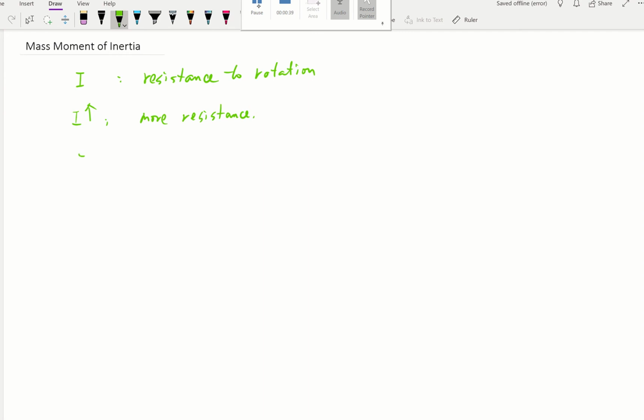And the definition for I is r squared times mass, if this is regarding the z-axis.